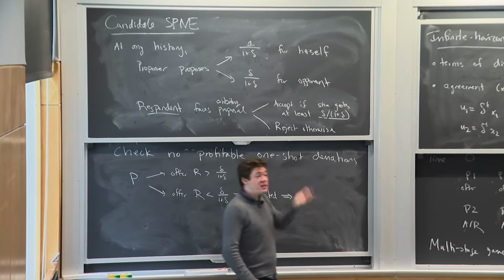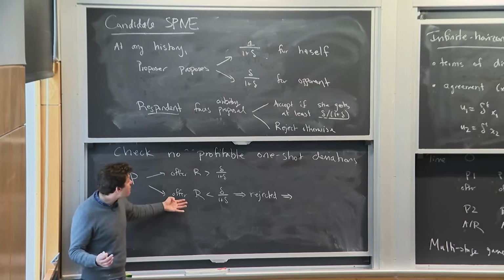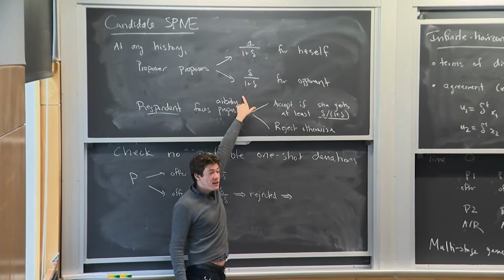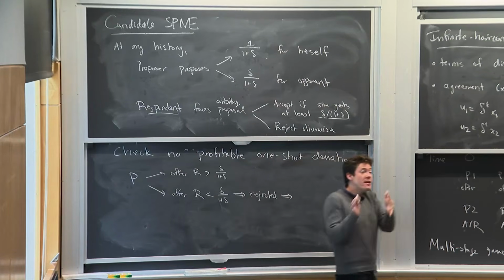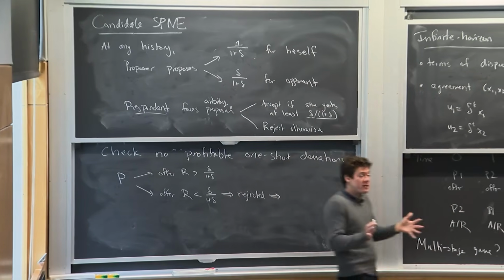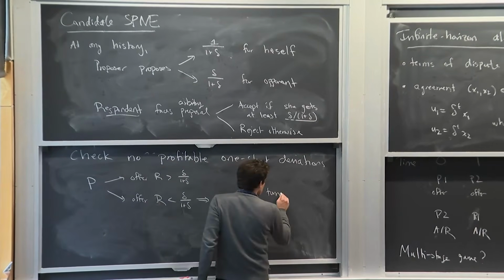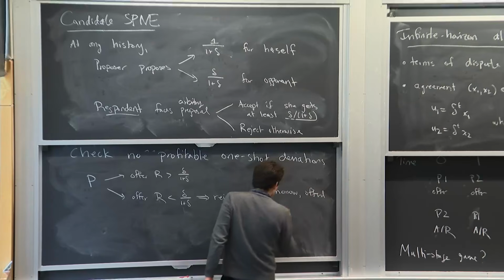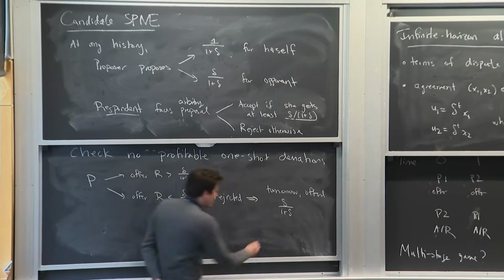So tomorrow, I'm going to be offered delta over 1 plus delta, and I'm going to accept it. Because if I didn't accept it, that would be a multi-shot deviation, which we don't have to worry about.